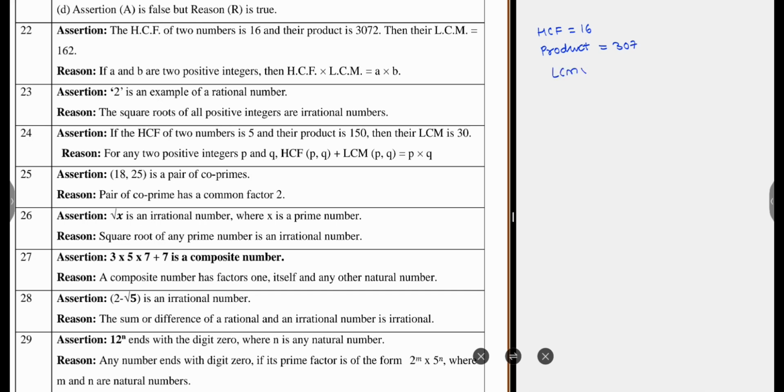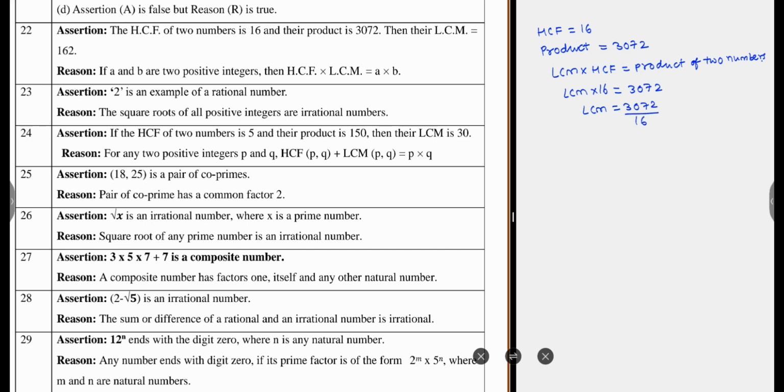We know LCM into HCF is equal to product of two numbers. So LCM into 16 is equal to 3072. So LCM is equal to 3072 by 16.